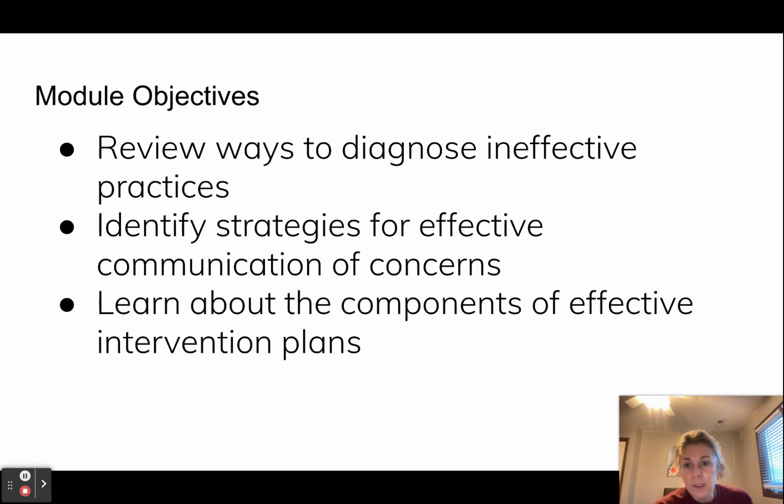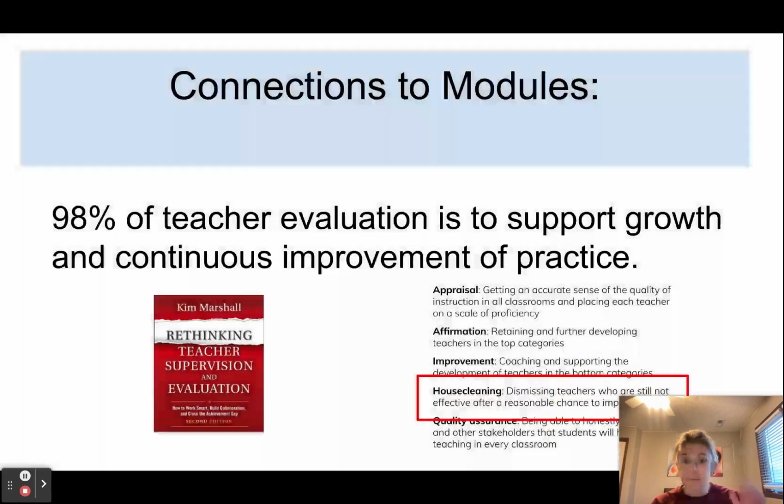The first is we're going to review and understand different ways to diagnose ineffective practices. And then we are going to identify and develop strategies to really clearly define what the concerns are. And then we're going to learn about the components of effective intervention plans.